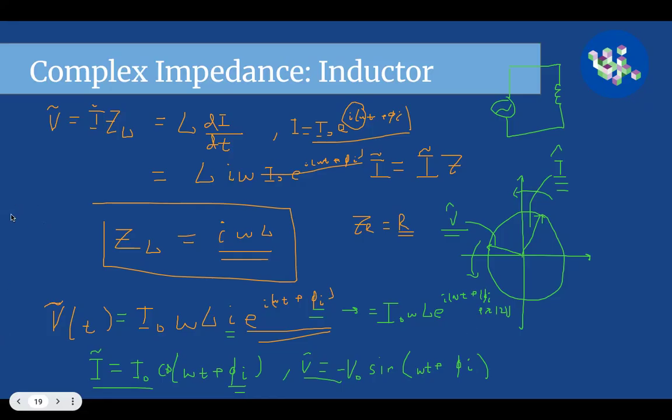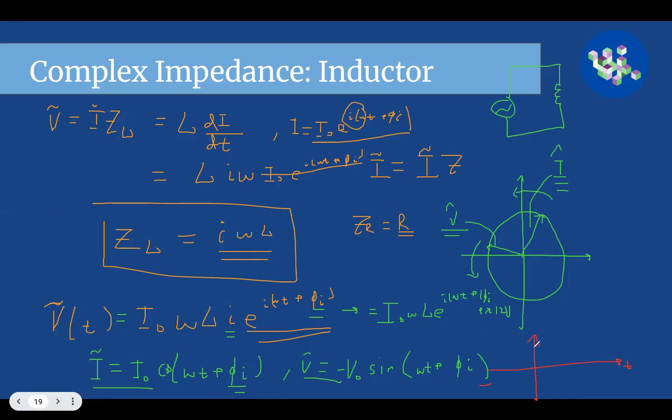So if I also want to graph each of the currents, let's use red. I want to graph this as a function of time. My time will be this axis, and my current is cosine. Let's assume for simplicity that phi is equal to 0.